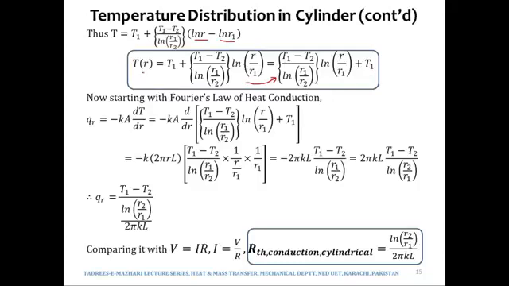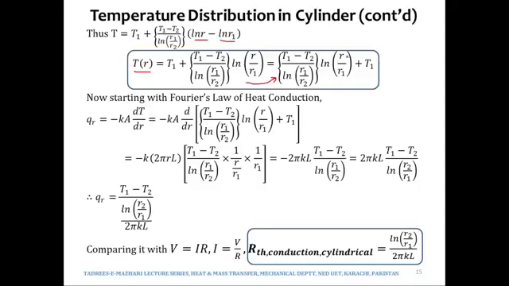Now you can see that over here T is a function of R because T1 is constant, T2 is constant, R1 is constant, and R2 is constant as well. So therefore T varies with R only, with log of R only. Over there in the case of plane wall, T was varying linearly with X. Over here temperature is varying logarithmically with radius.